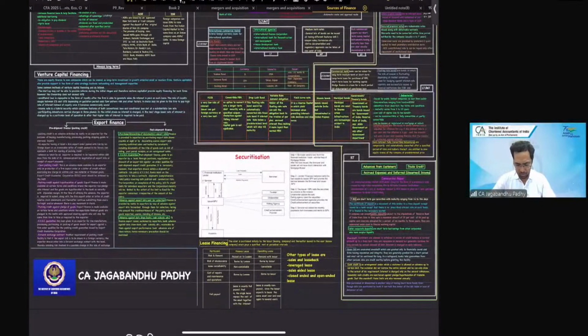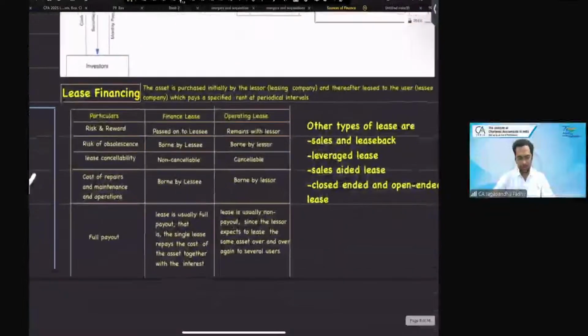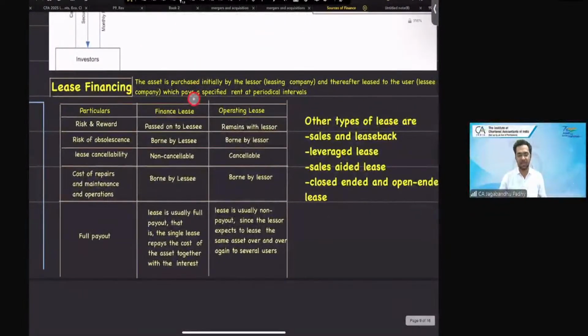But yes, one thing I would like to discuss is lease financing. Now, lease is basically taking the asset on lease. You can take the asset on lease either on finance lease basis or on operating lease basis. In finance lease, generally the tenure of the lease is longer, and in operating lease, the tenure is shorter. In finance lease, risk and reward is transferred to the lessee.